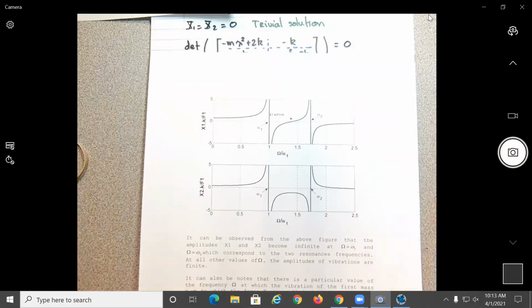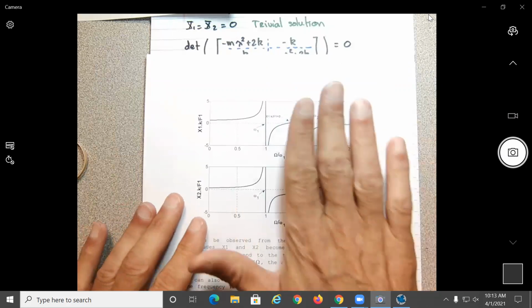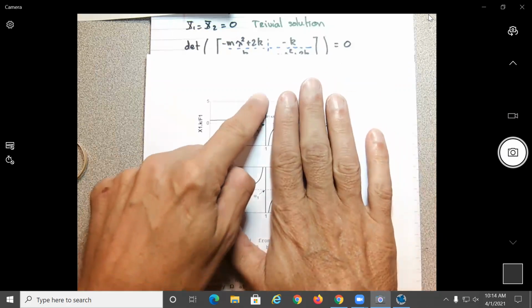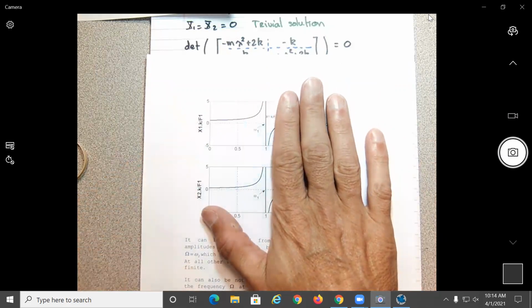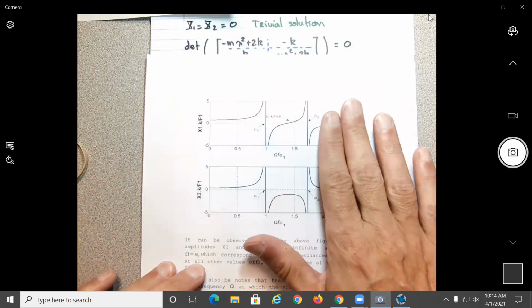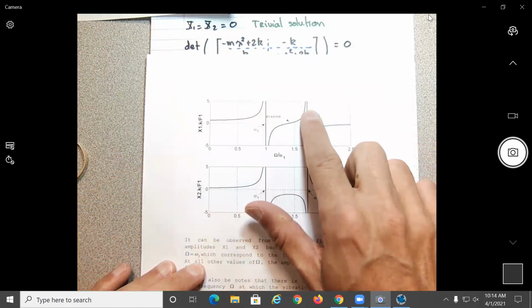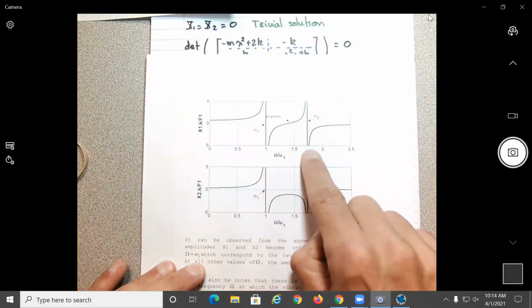If you remember, when we only had 1 degree of freedom, we had 1 resonance frequency. When there is damping, this is closed. When there is no damping, the amplitude goes to infinity. Now that you have 2 degrees of freedom, 2 masses, what's going to happen? You're going to have 2 different resonance frequencies. So this value over here should be k over m, and this one over here should be 3k over m.